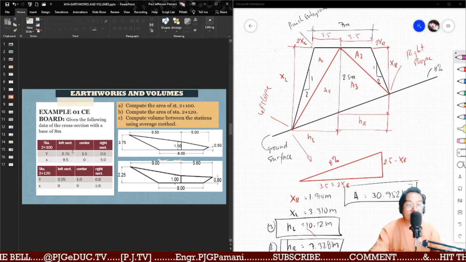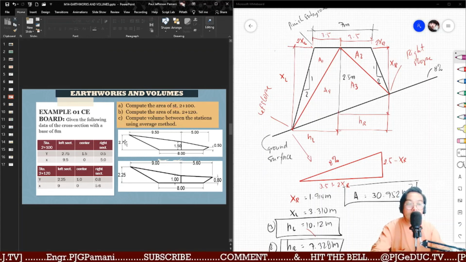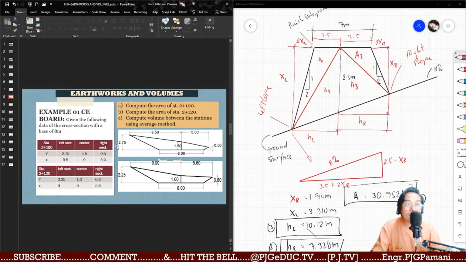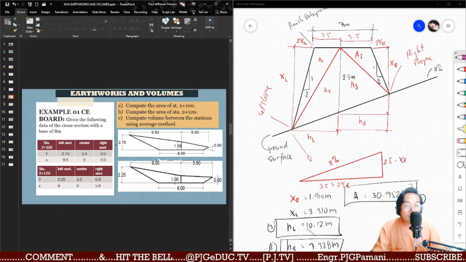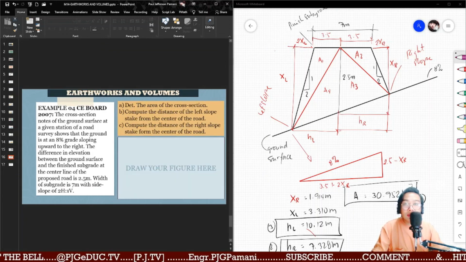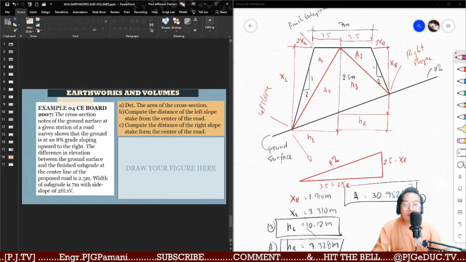Okay? Middle section. So, tatlo yung magiging figure. So, kung tatlo yung binigay na table, more or less, you're going to solve the problem using a prismoidal method. So, that is Earthworks and Volumes, Module 14.